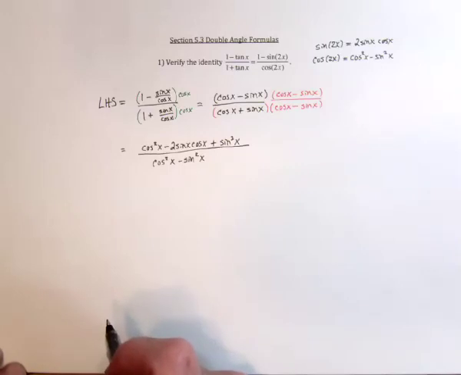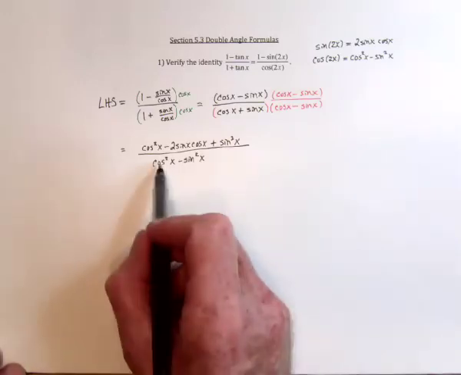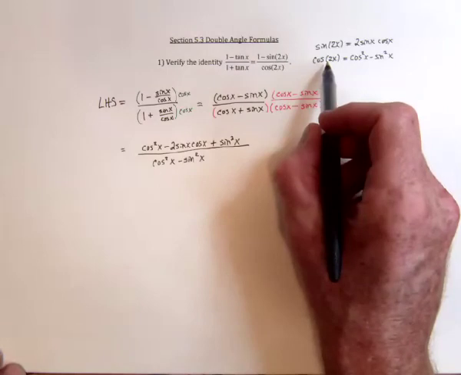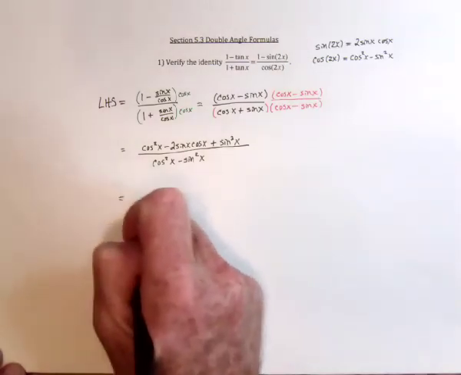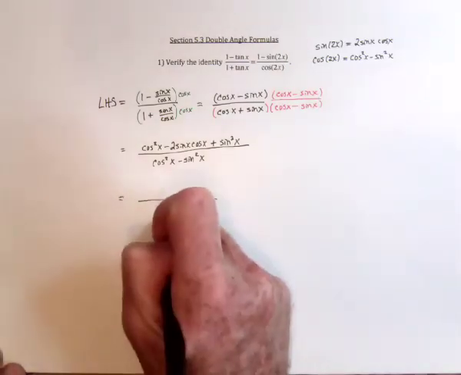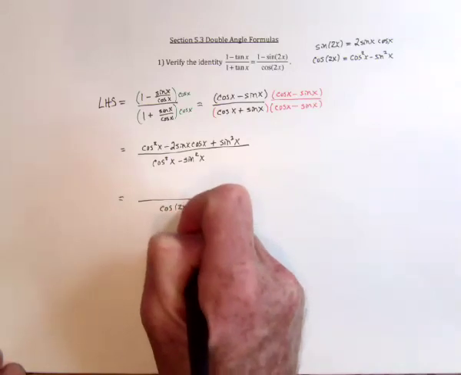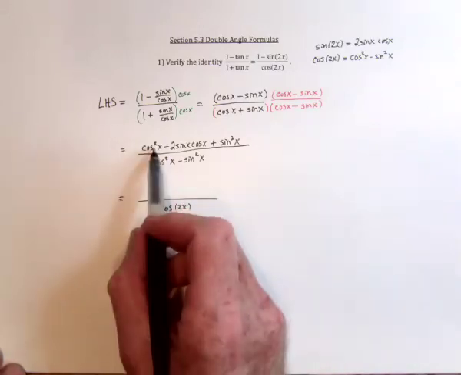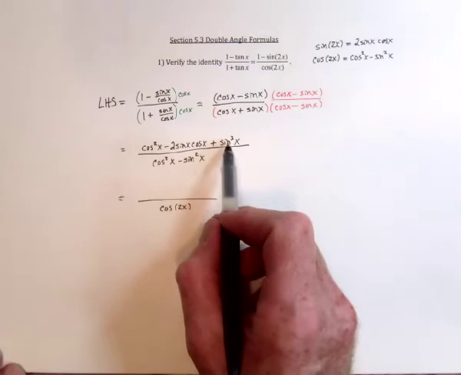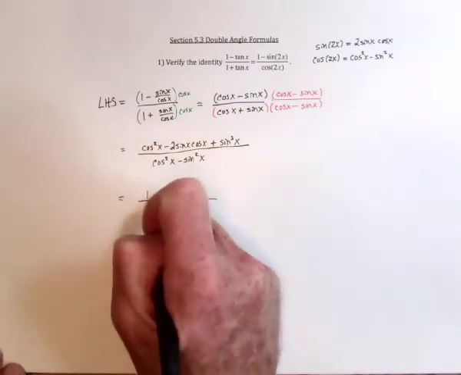And then I think we have all of the pieces we need. The denominator is exactly like it's supposed to be. That's cosine of 2x. And then we've got a cosine squared plus a sine squared equals 1.